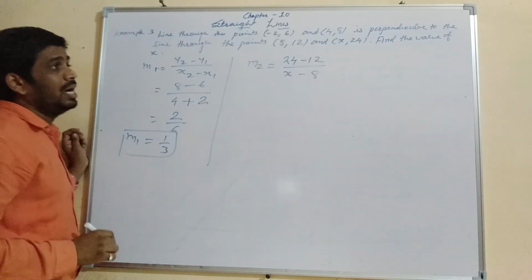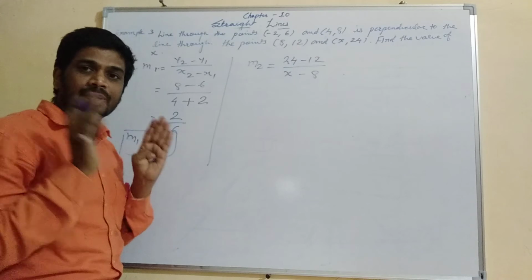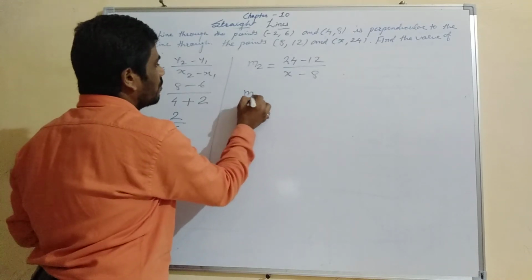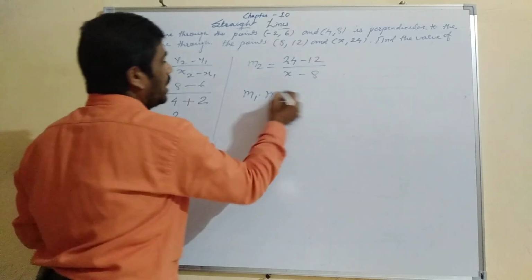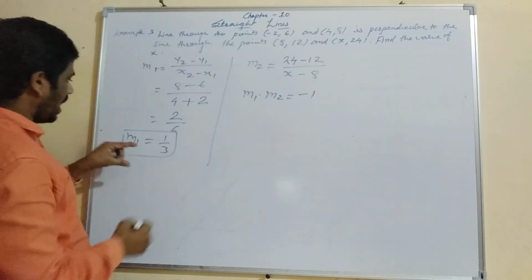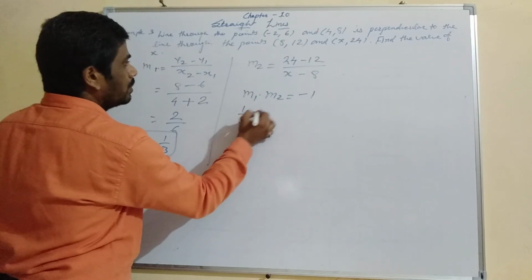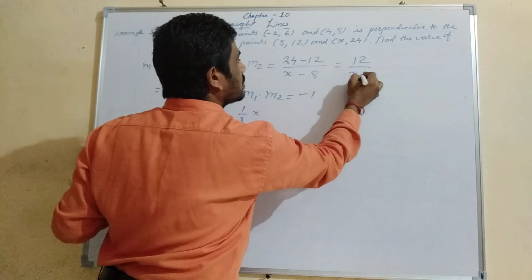We know that if the two lines are perpendicular to each other, then the product of their slopes, m1 into m2, is equal to minus 1. So m1 we have 1 upon 3, and m2 is 12 upon x minus 8.